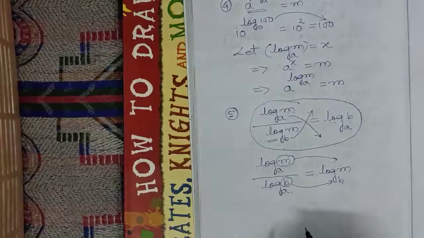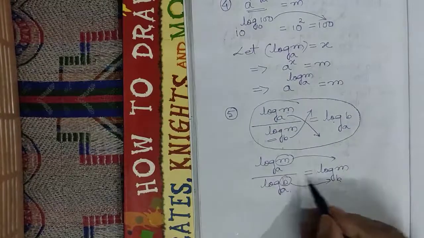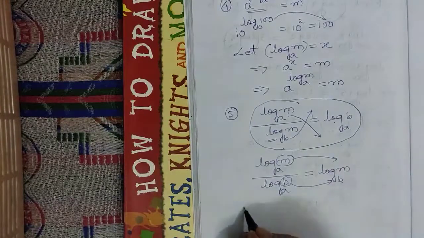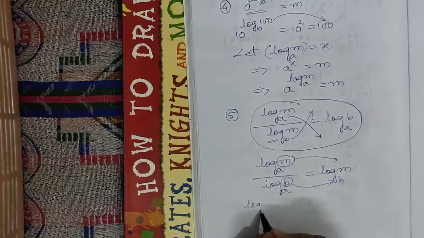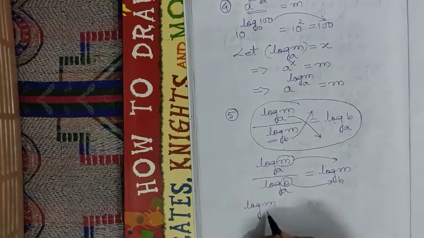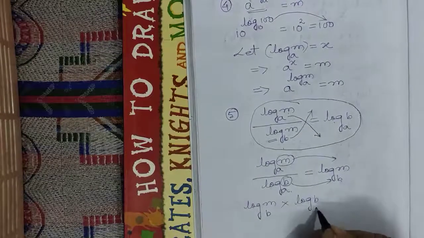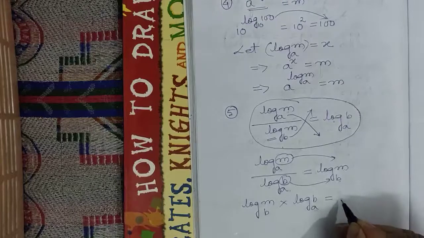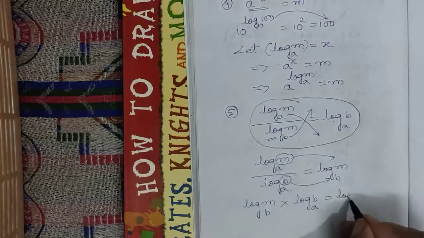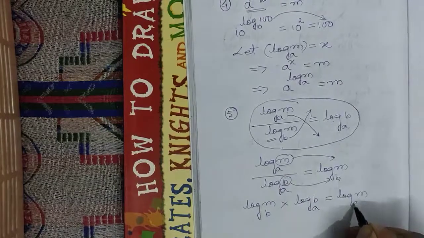That's it. Now, if I multiply these two, I will be getting log m base b into log b base a. This will be equal to, see, it has to be log m base a.